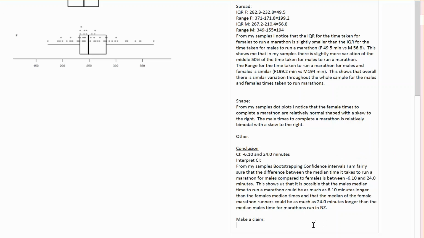Alright, so making our claim, first question is, does the confidence interval include 0? And it does in this case.